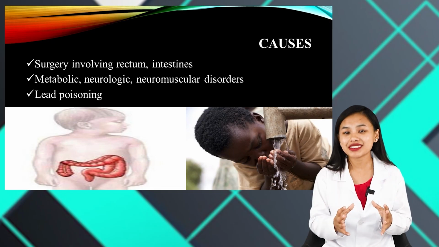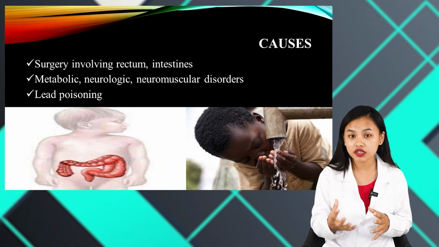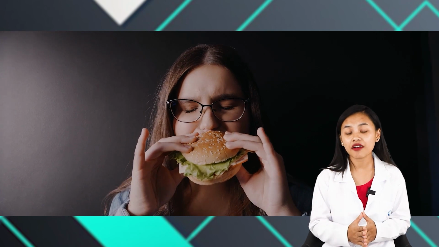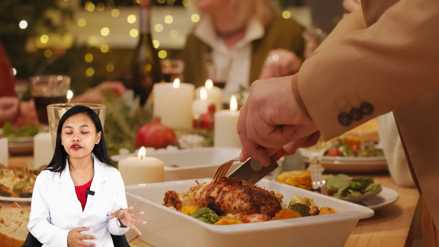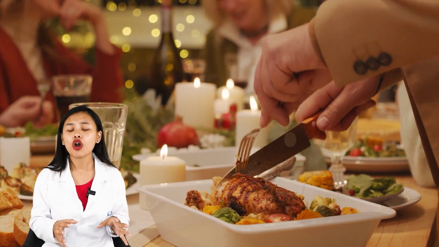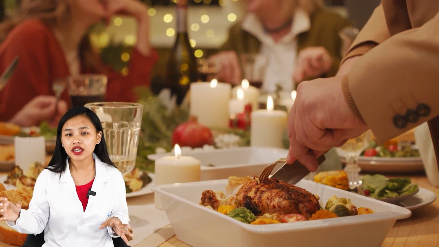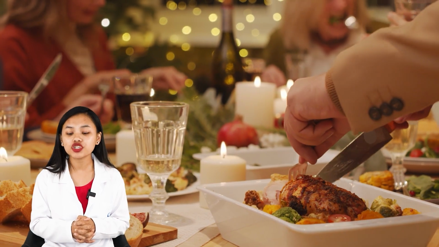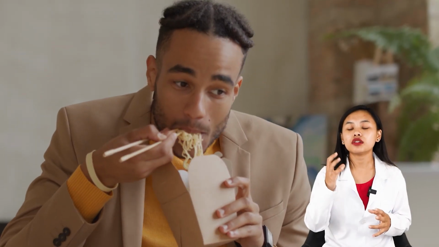if a person has lead poisoning, if a person's dietary pattern is altered, if he or she is having inadequate food, following an irregular diet, or following a diet which does not contain an adequate amount of roughage, or even a low residue diet, then this can also lead one to suffer from constipation.